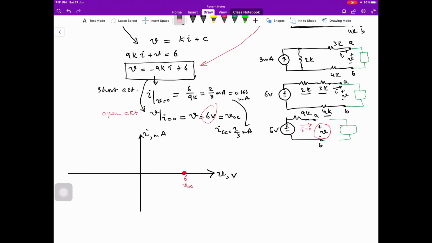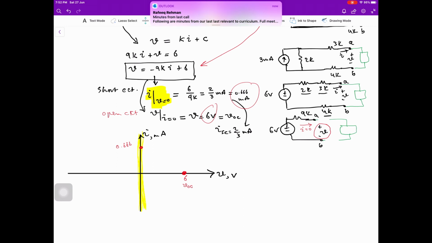The second thing over here is what is I when V is equal to 0? We are on this vertical axis. So what is this current? This current is 0.666 milliampere, and this is I short circuit.